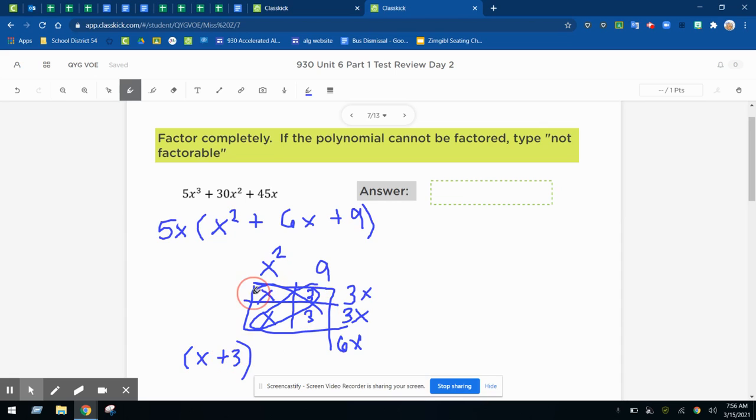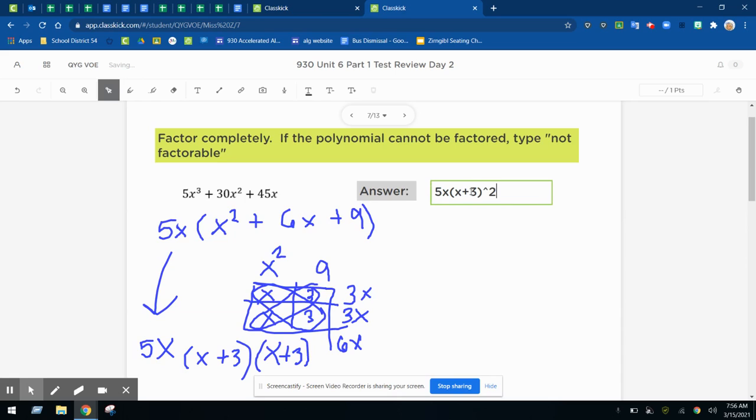My second factor is x plus 3. And I also have 5x. So I can rewrite this as 5x times x plus 3 squared, or I can write out both the factors. Either way works. They are both equivalent.